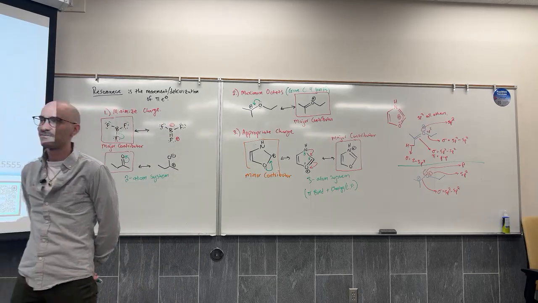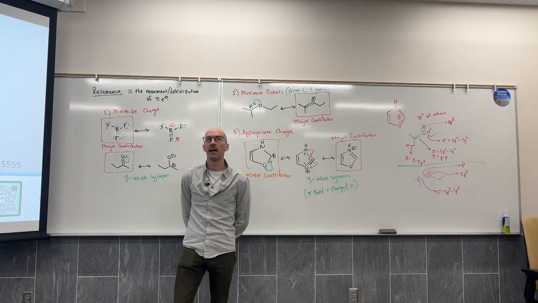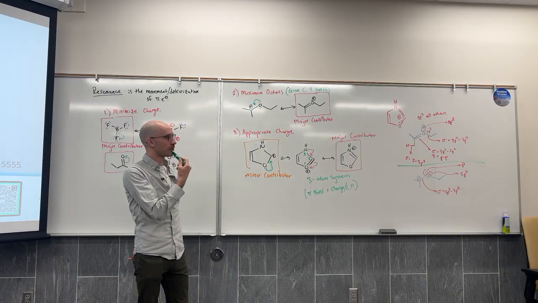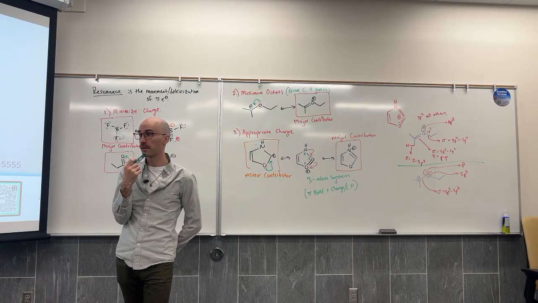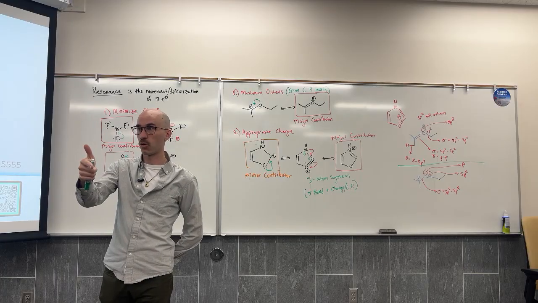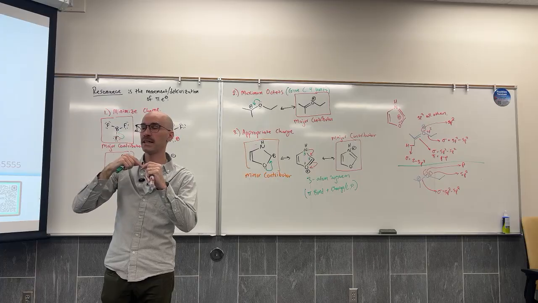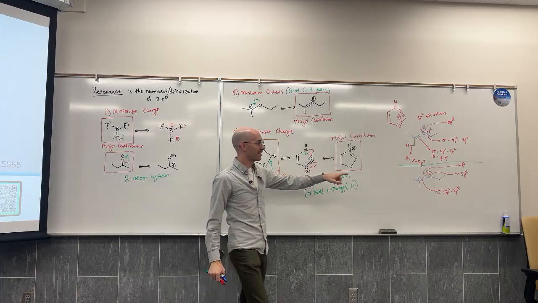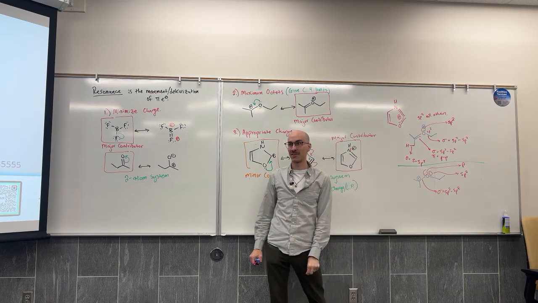If it has a resonance, we have to find the major and then find the orbital? Well, yes, I think on your unit test you will see some questions that talk about orbital overlap. So I want you guys to be able to predict hybridization and make orbital overlap predictions. But actually, next week, we're going to spend a lot of time talking about this. Why is that oxygen sp2?